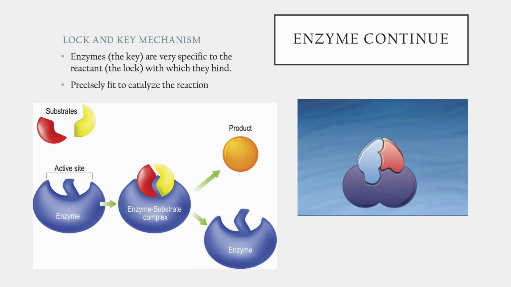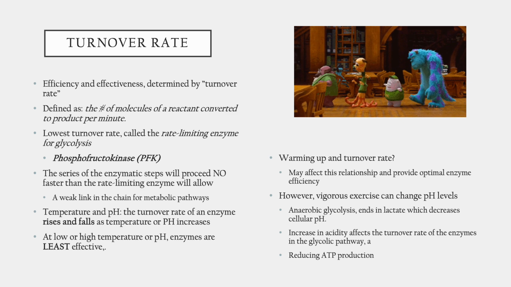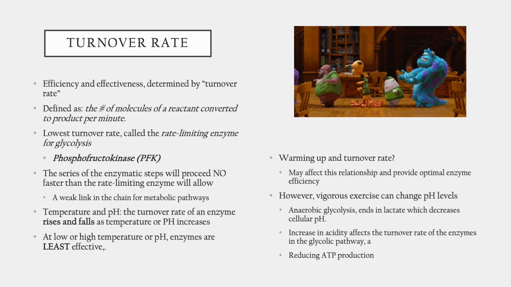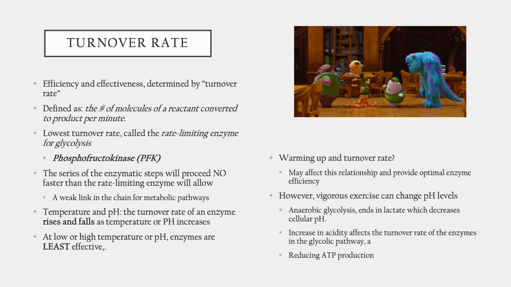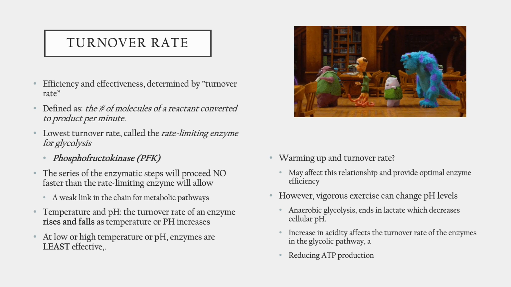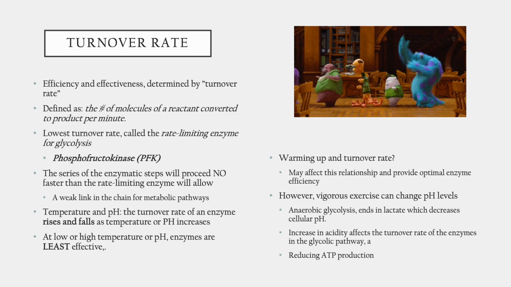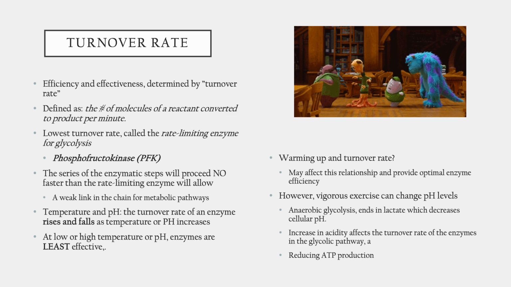So if within this turnover rate you have a very slow enzyme, you're only as fast as your weakest link. So that turnover rate is the efficiency and effectiveness with which an enzyme can convert a reactant to a product. So it's defined, right? Enzymes vary greatly in how they turn over a substrate to a product.